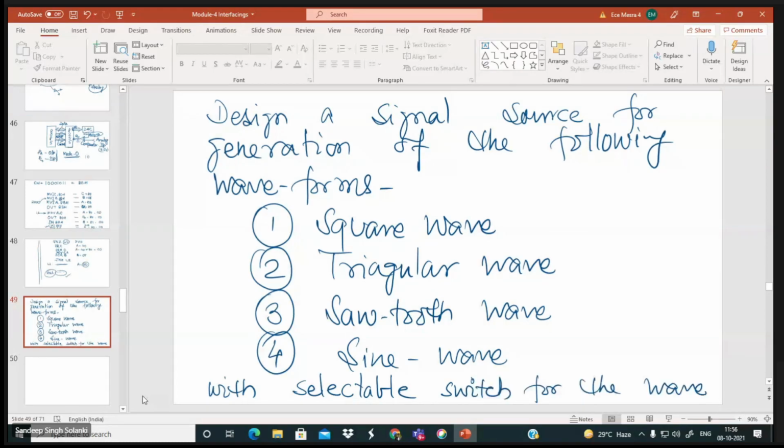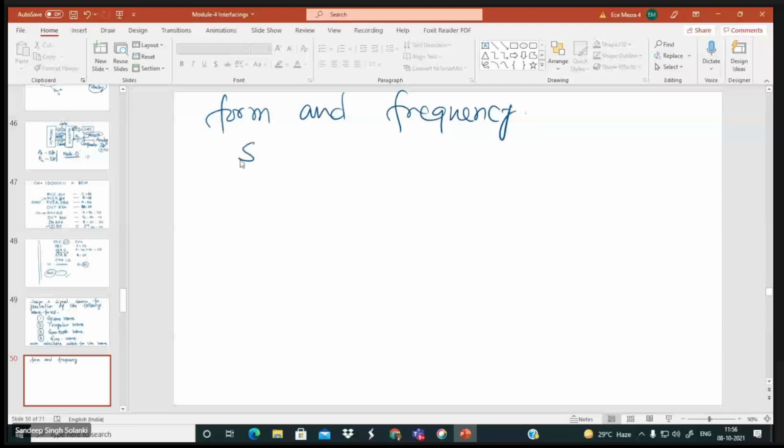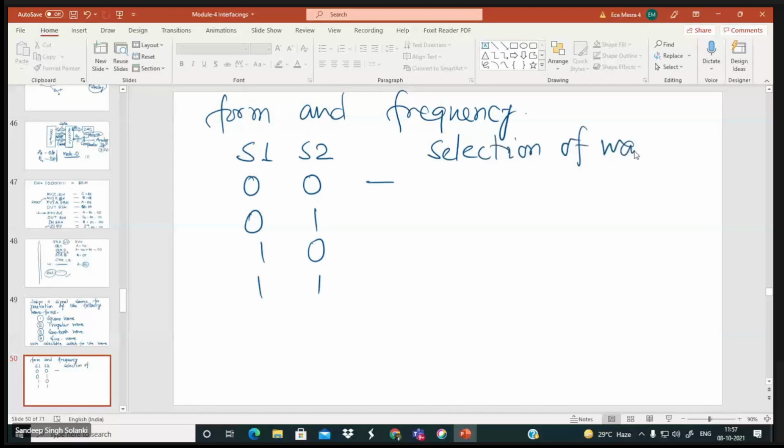So here the selectable switch you have as S1, S2. This S1, S2, if 0 0, 0 1, 1 0, 1 1, then 1, 2, 3, 4. So it selects the selection of wave as 1, 2, 3, 4. Okay. Getting it?